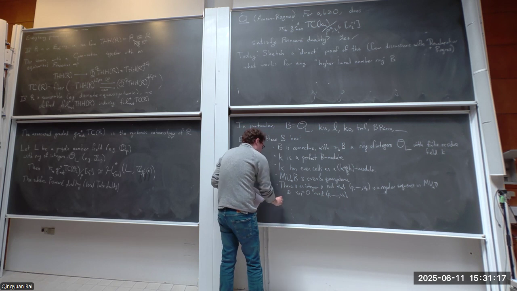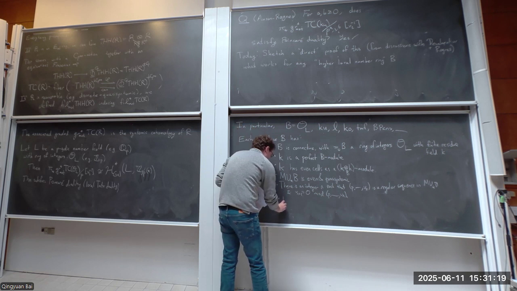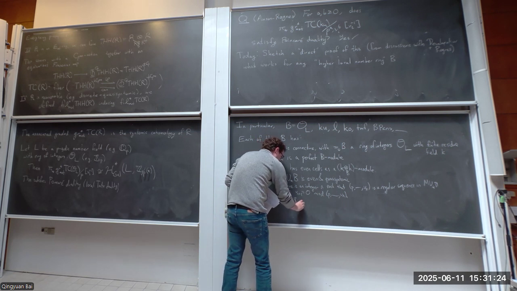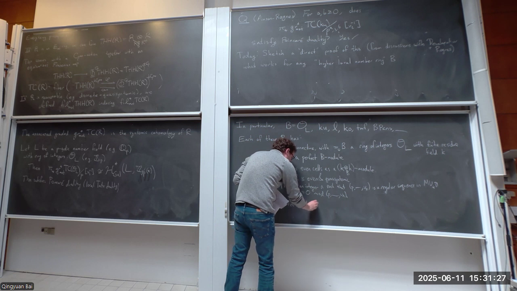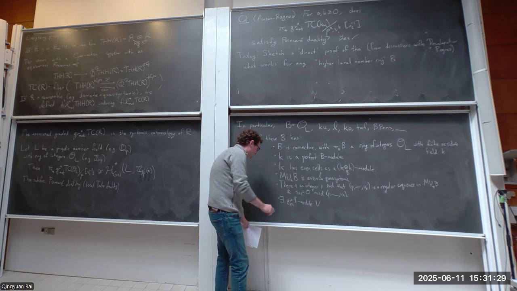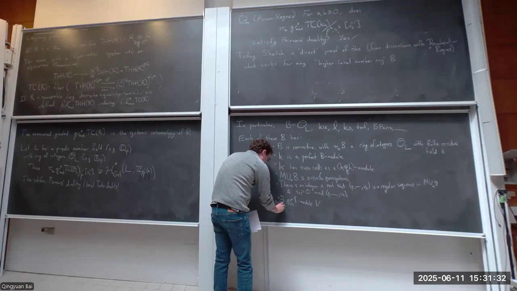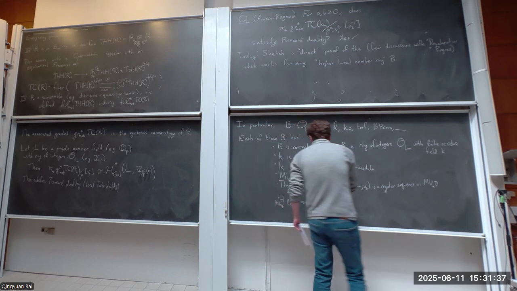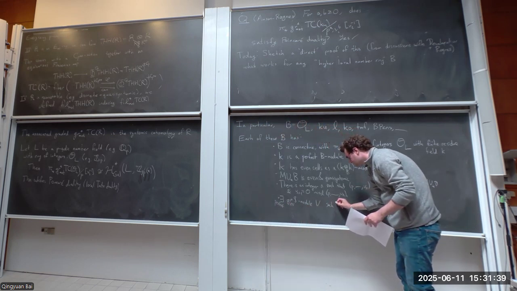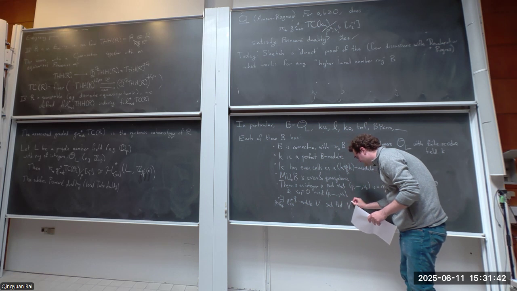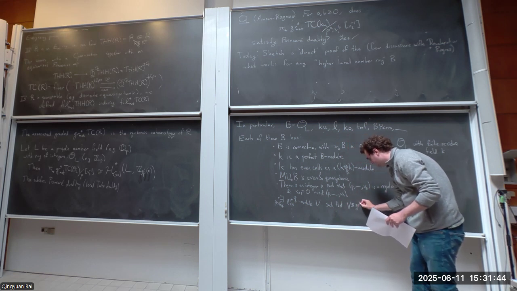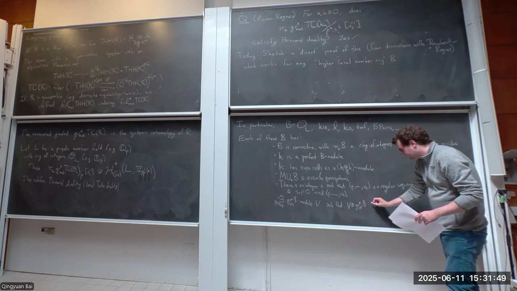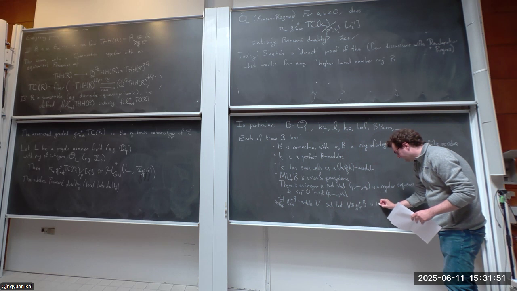And finally, I'm going to ask that there exists a finite S-module V, and I mean a perfect S-module, so something built out of the sphere in finitely many steps, such that the MU homology associated graded of B is in the fixed subcategory.